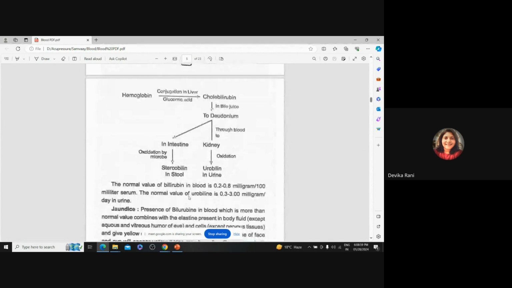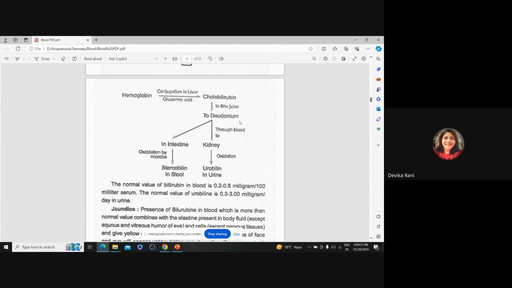So this process is given here. The conjugation happens in the liver with glucuronic acid, and it forms conjugated bilirubin, and through the bile juice it goes to the duodenum, which is the first part of the small intestine that you will learn in the digestive system chapter.